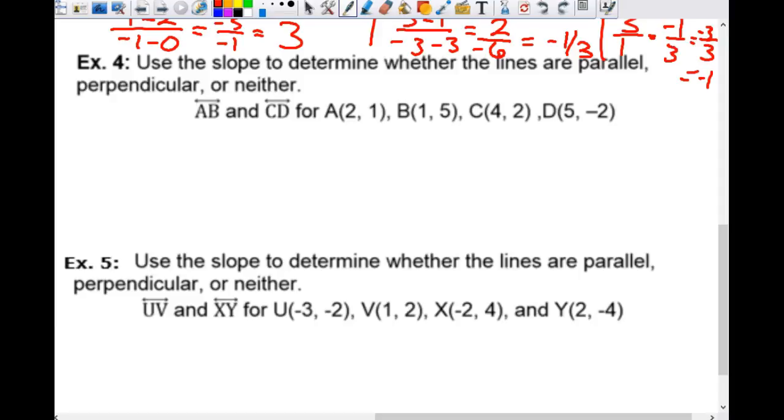Because it's like 2 different problems, we're going to do y2 minus y1 divided by x2 minus x1. We're going to have line AB, which is these 2. We have A, which is at 2, 1. We have B, which is at 1, 5.